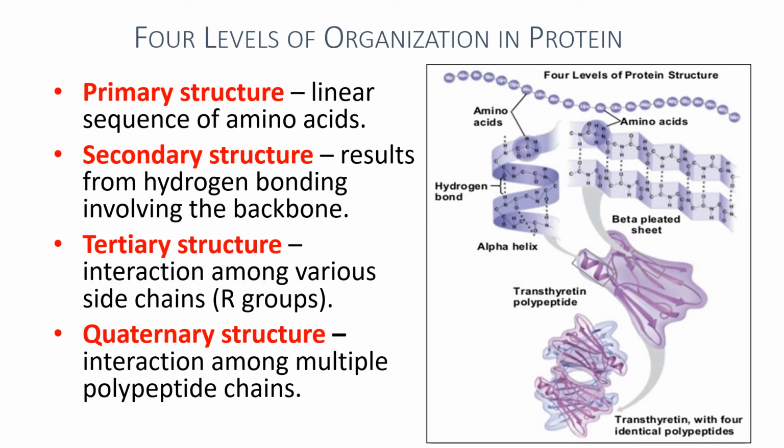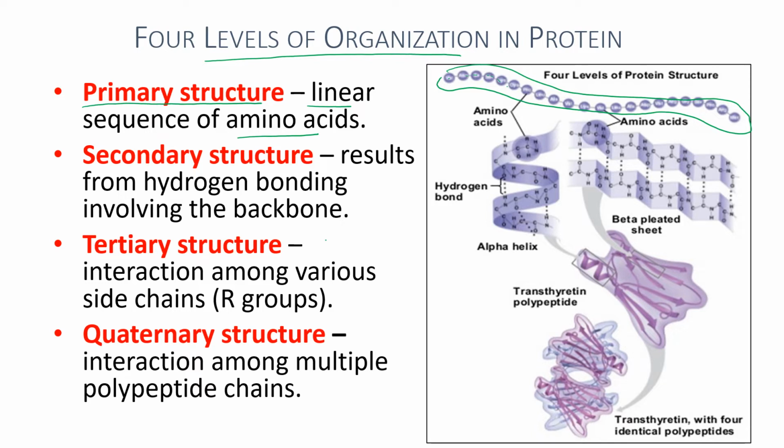Okay, so the first way of classifying protein is based on the level of organization of the protein. There are four levels. The first one is primary structure. Primary structure is linear sequence of amino acids. So this is the primary structure of polypeptide. You have different amino acids that are joined together through the formation of peptide bonds between the amino acids.